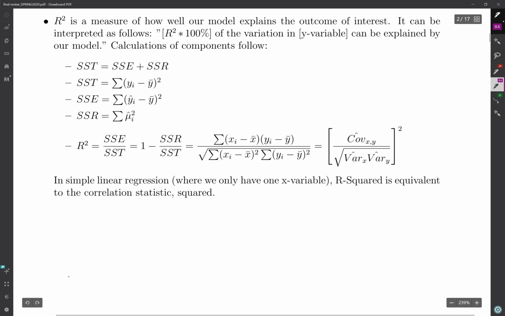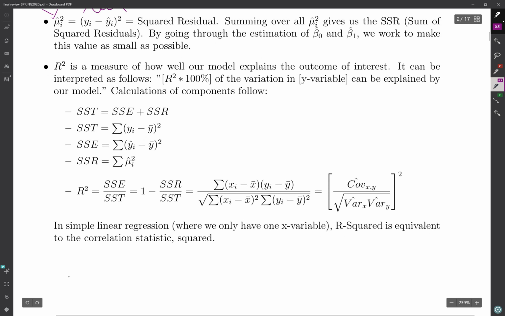Speaking of fitting things well, we have a measure of how well we're fitting these things. It's called R squared, and that, as we've seen for a lot of our other statistics, has interpretations.